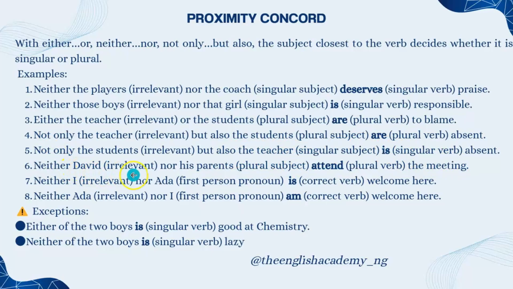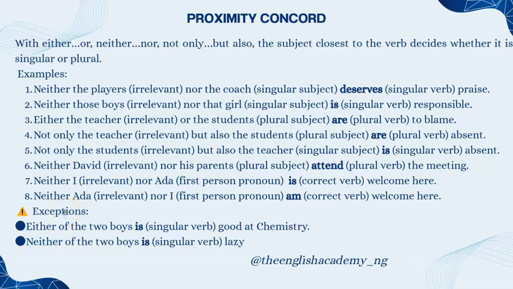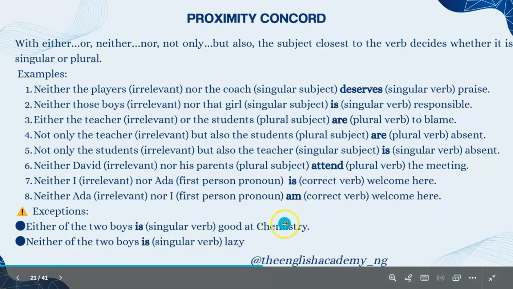Neither David nor his parents attend the meeting. Neither I nor Ada is welcome here. Now look at this. I'm very sure you must have seen this before. You'll be like, is this really correct? Yes, it is correct. Neither Ada nor I am welcome here. Not "is welcome here", because you cannot say "I is welcome here", but you can say "I am welcome here".